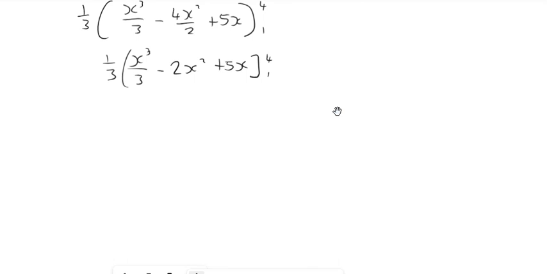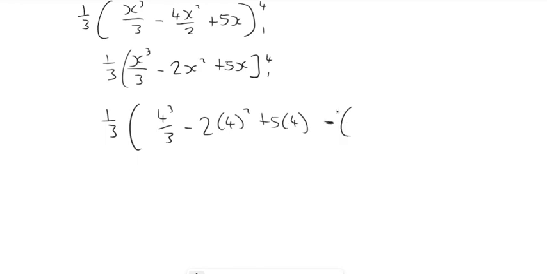So I'm putting a 4 in first, and we'll just leave the 1 over 3 completely outside. So it'll be 4 cubed over 3 minus 2 times 4 squared plus 5 times 4, minus, and then it'll be 1 cubed over 3 minus 2 times 1 squared plus 5 times 1.